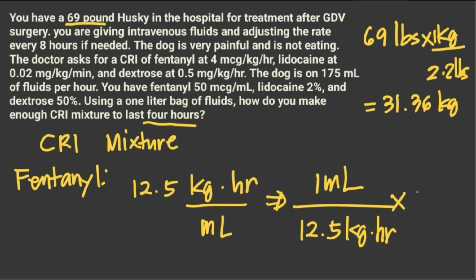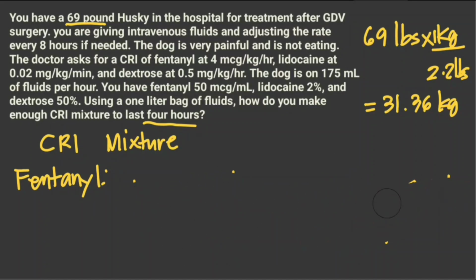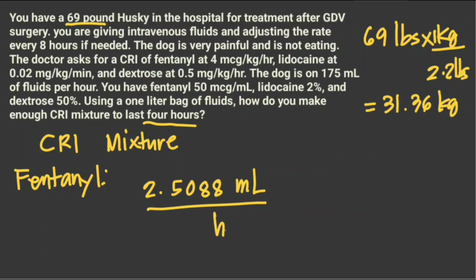So we can multiply this by 31.36 kilograms. The kilograms cancel out, so that is 31.36 divided by 12.5, which gives 2.5088 ml per hour.